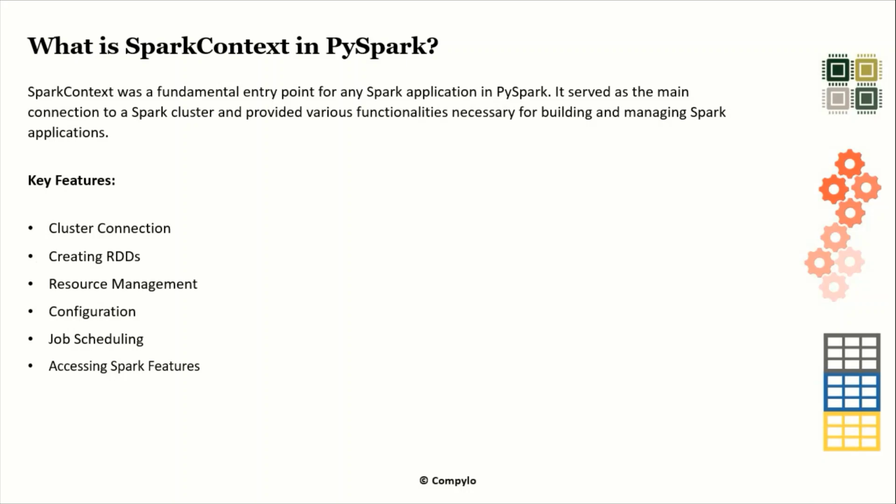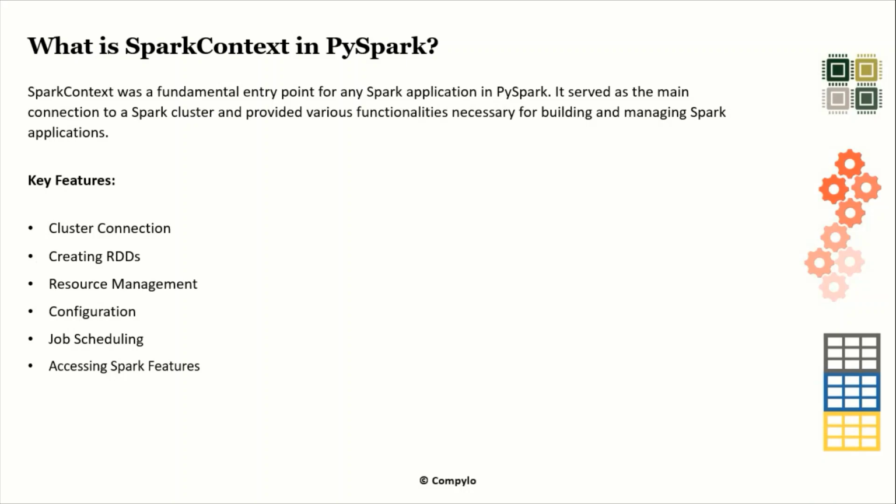SparkContext manages the allocation of resources across the cluster, distributing tasks and monitoring their execution. We can configure various settings for our Spark application using SparkConf, which can be passed when creating a SparkContext. It includes setting of memory allocation, execution mode, and more.